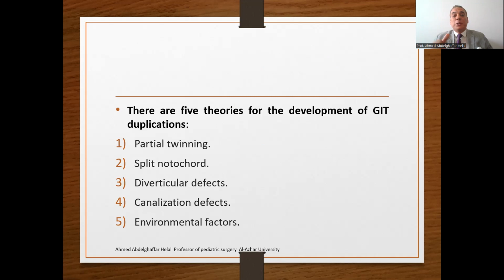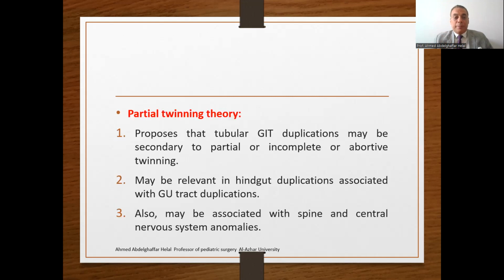Number one, partial twinning, split notochord, diverticular defects, canalization defects, and environmental factors, trying to explain why this duplication, previously called diverticulum, happens or occurs. The partial twinning theory proposes that the tubular gastrointestinal duplication may be secondary to or a form of partial or incomplete twinning, and may be relevant in the hindgut duplication associated with genitourinary anomalies.